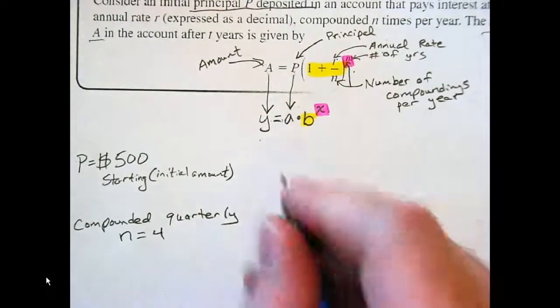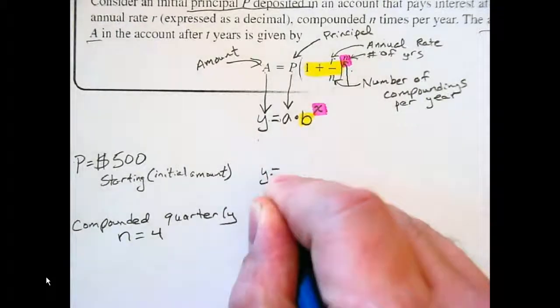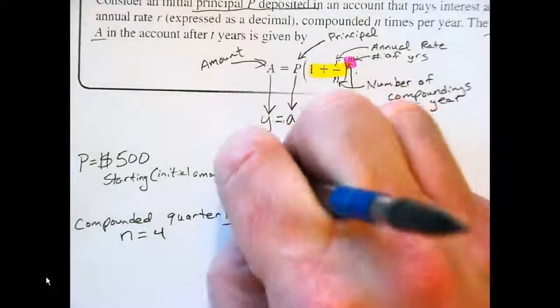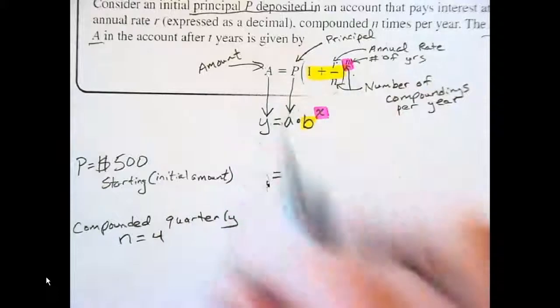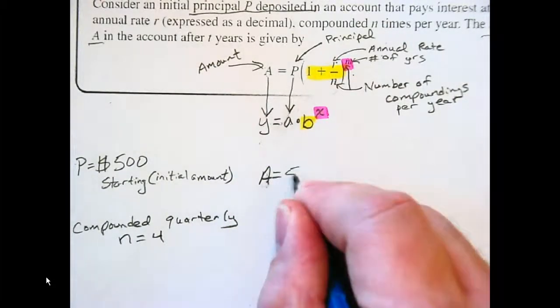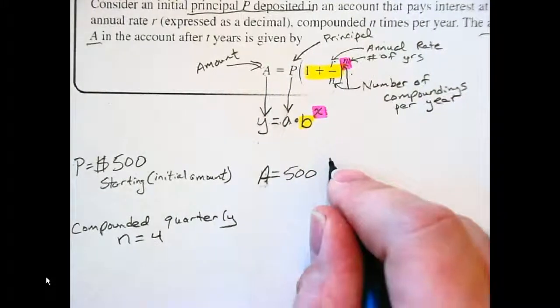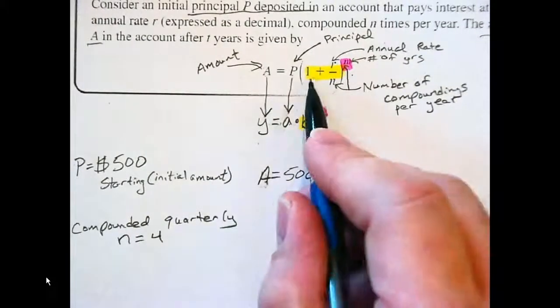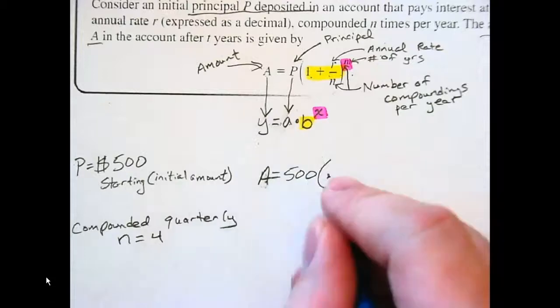Now, a bank, when you do this, if I have Y equals, in this case, actually it's no longer Y, it's my amount. If my amount is equal to my $500 times, notice this says 1 plus r over n. That 1 right there is a big deal to you.